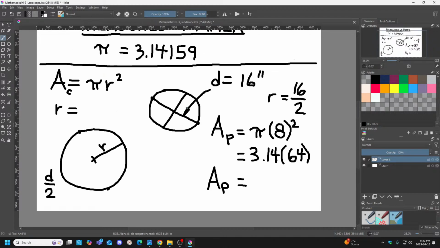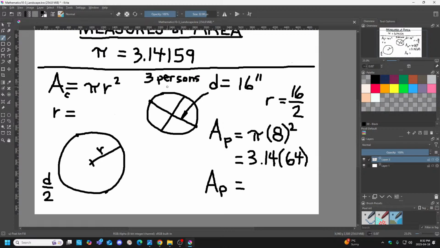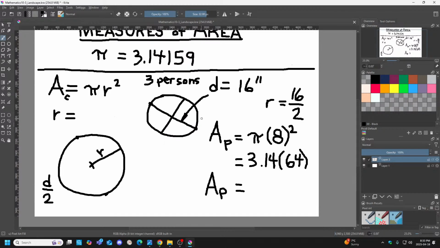I'll cut the pizza in quarters. Let's say you have 3 people, everybody is hungry, and obviously 3 is an odd number, right? So how do we feed everybody so it's equal and fair? This is what I do. I cut the pizza in quarters.